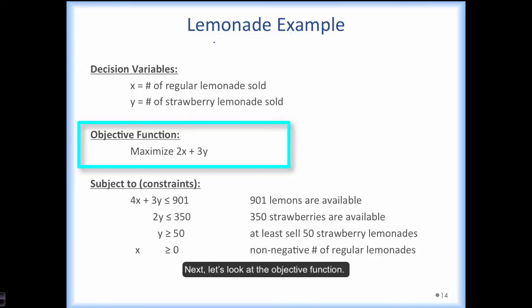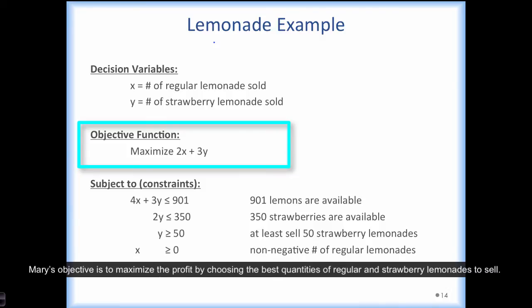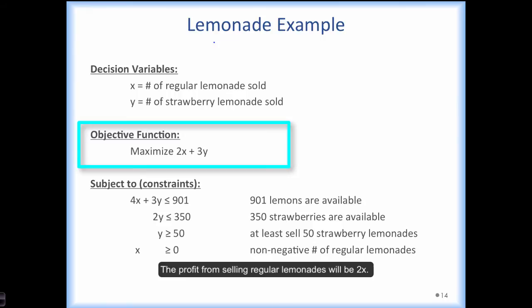Next, let's look at the objective function. Mary's objective is to maximize the profit by choosing the best quantities of regular and strawberry lemonades to sell. We know that Mary will sell x regular lemonades, and each regular lemonade's profit is $2. The profit from selling regular lemonades will be 2x.